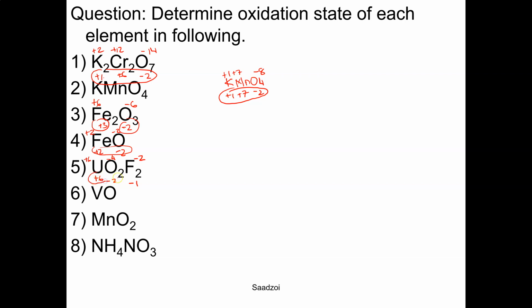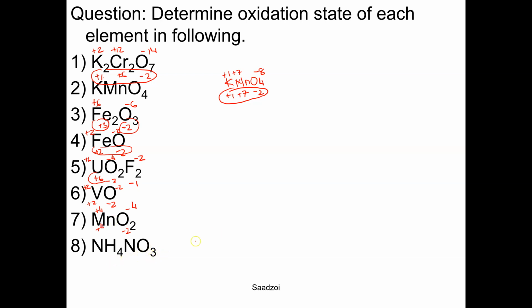There's my oxidation states again. +6, -2, and -1. -2. So this has to be a +2. Those are my oxidation states, +2 and -2. -2 here, 2 of them, that's -4. What does manganese have to be? +4. And that gives me 4 divided by 1, which is +4.